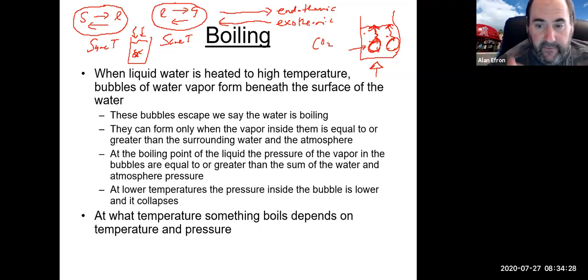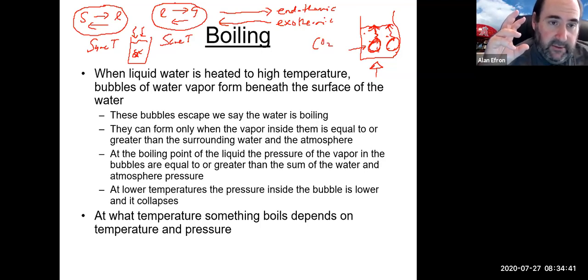If you're in Denver or somewhere like that, water boils at a lower temperature because of the atmospheric pressure. So, as weird as it sounds, at regular temperature you could just drop the pressure a lot, and you can really affect the boiling of water because of the pressure associated with it.